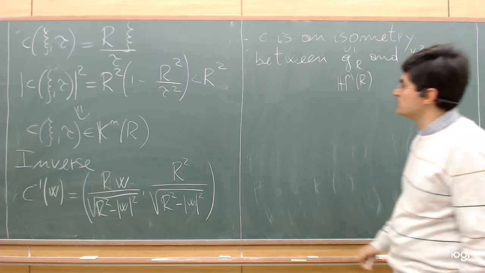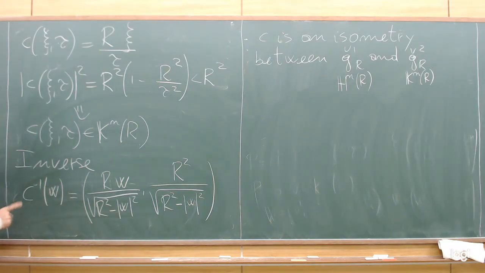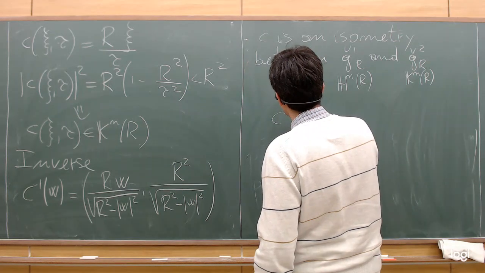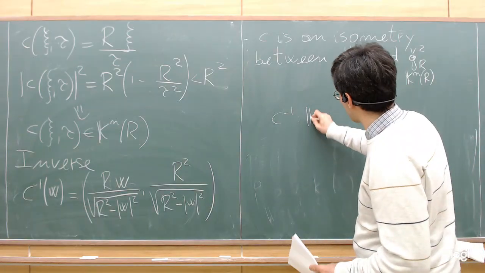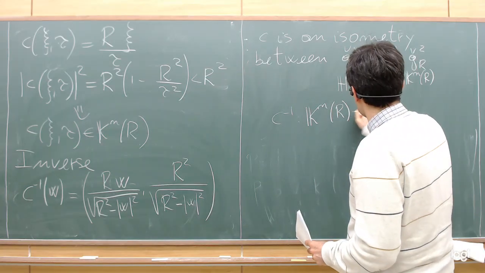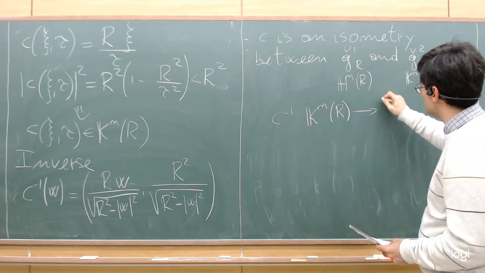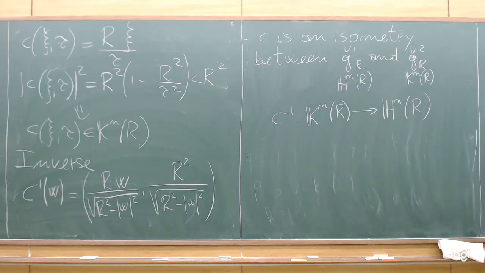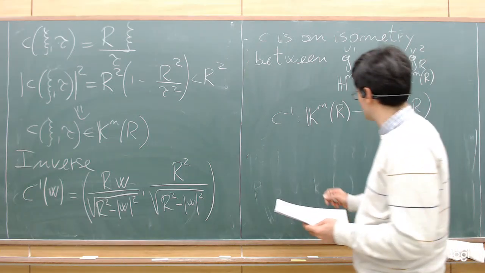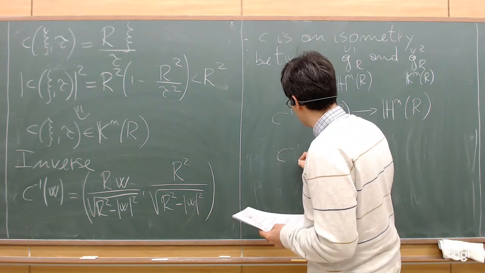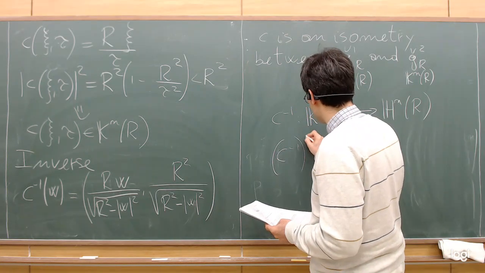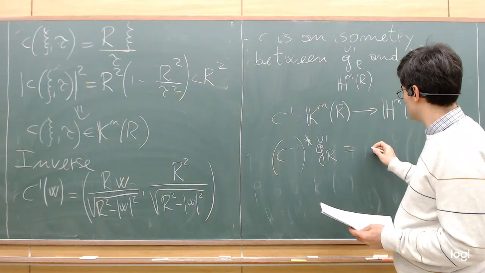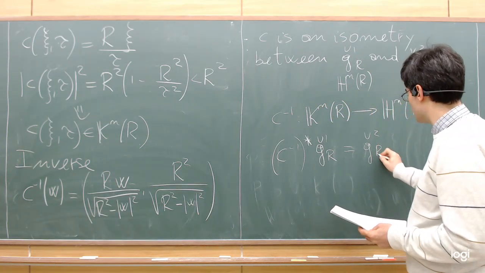In order to prove this, we actually work with the inverse, because it's easier from the computational point of view. And we have to check that (C^{-1})^* of G_1^R is equal to G_2^R.